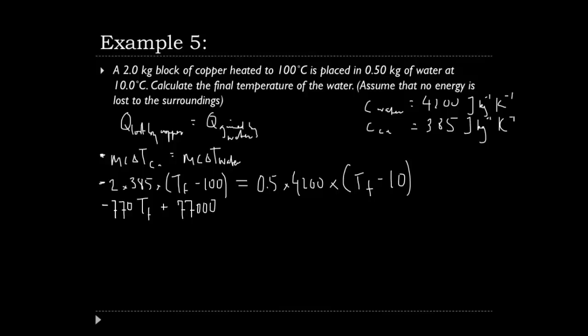That's 770 times 100. That must be equal to 0.5 times 4200 is 2100 Tf minus 21,000.